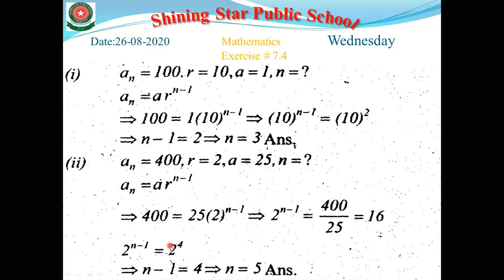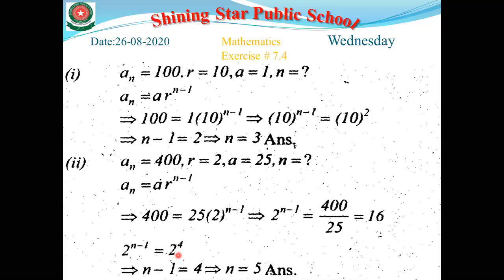Now, keep it in your mind. Whenever we have a number on the right hand side or left hand side, we have to make the bases the same. If the bases are the same, then we write the powers are equal. Okay? So it means on the left hand side we have base 2, so on the right hand side we must have base 2.